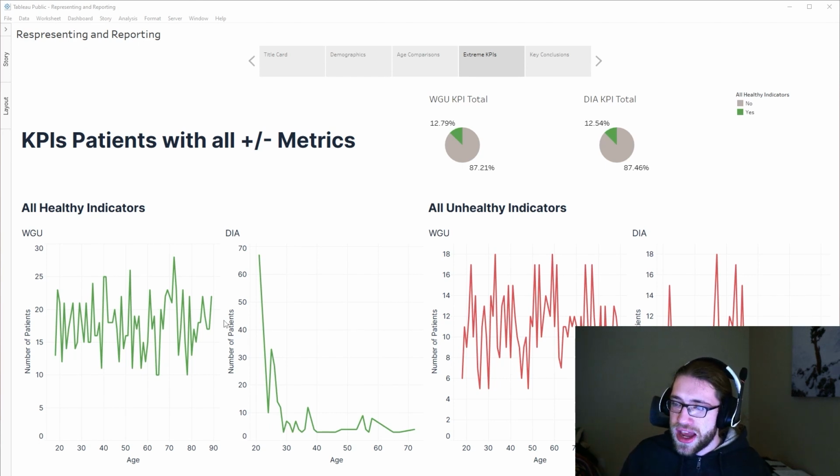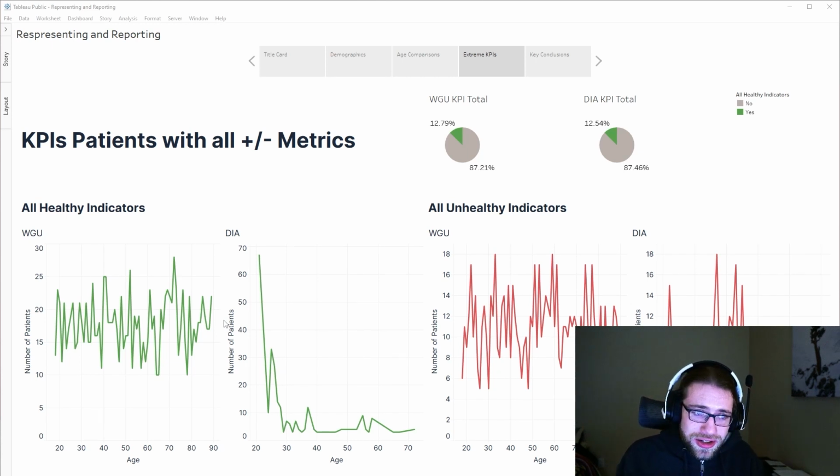You have the same percentage of 20-year-olds as you do 80 or 90-year-olds. We have roughly the same number of patients, and that shows that our older patients are still very healthy. They're doing great. They're not having a bunch of negative health indicators.